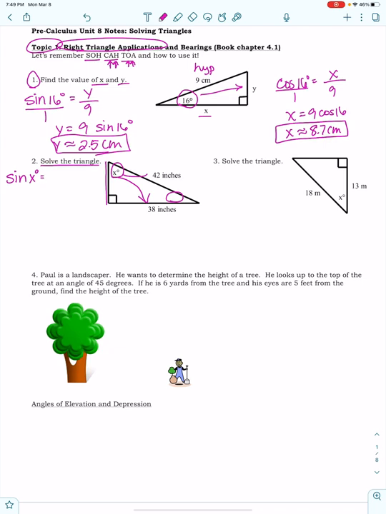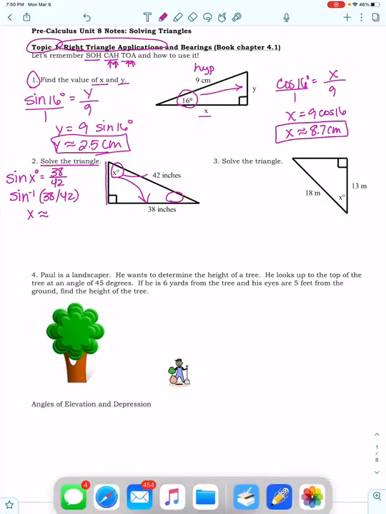So the sine of x is equal to opposite over hypotenuse. Now for these problems, we don't have the angle measure, so we have to use sine inverse. So in the calculator or Desmos, we're going to type in sine inverse of 38 divided by 42 to discover what we get for x.